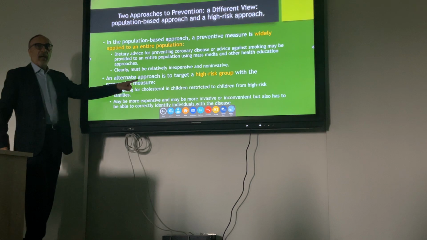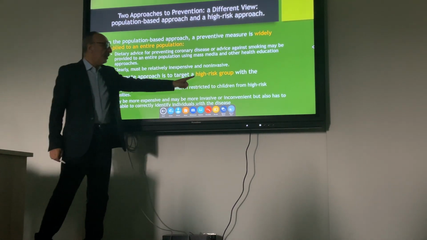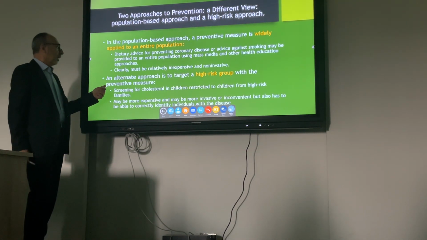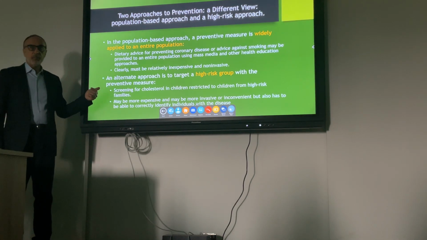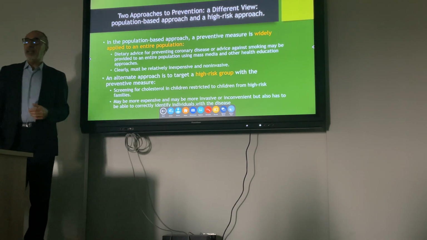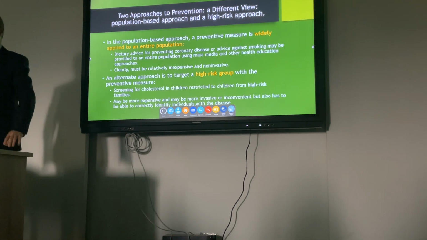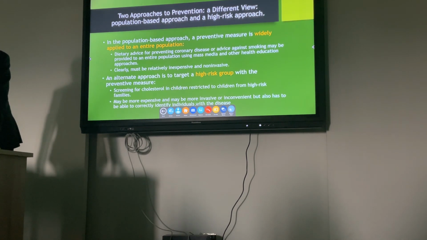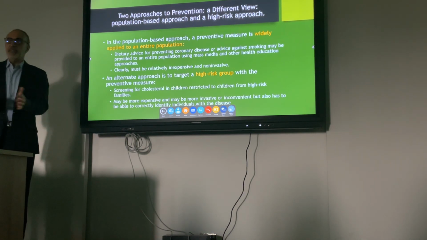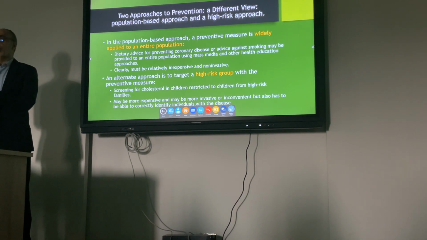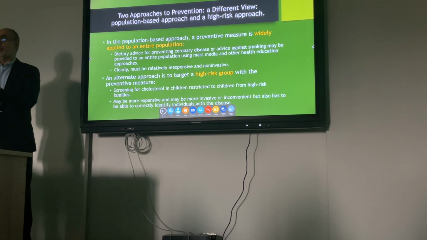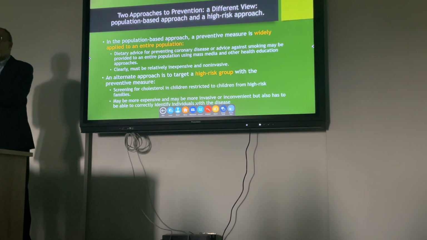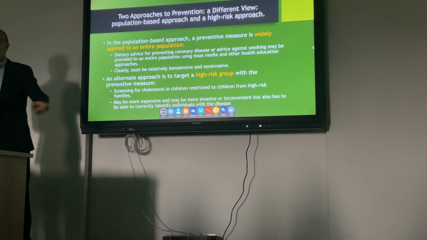If we use an alternative approach, that is the high risk group, and offer them prevention, we can then offer some more expensive measures, the measures that need some more sophisticated technologies, the measures that need more expertise, because we are dealing with much smaller groups, and providing logistics, manpower, and money for a small group is more affordable than for the whole population.